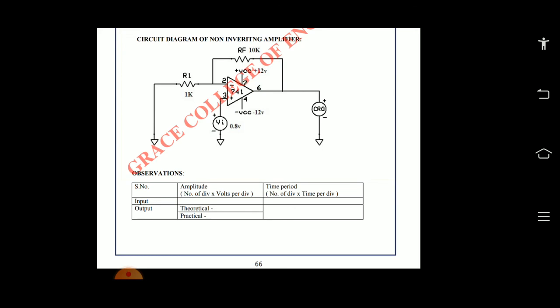That is calculated for your input and output voltage. So you can verify your gain formula theoretically and practically by this tabulation. So hope you understand the experiment, and thank you.